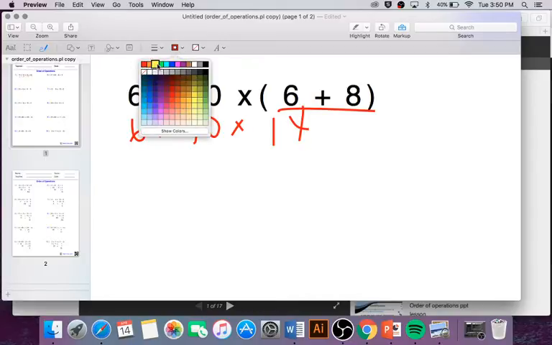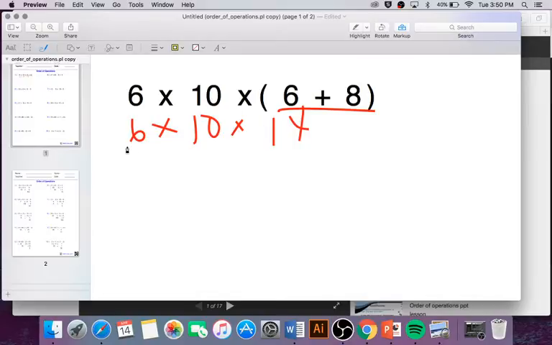Okay. Our next thing we're going to do is we have 2 times of multiplication, but we're going to do it from left to right. So we're going to do 6 times 10, which is 60. And then we're going to bring down the rest of the problem. So it'll be 60 times 14.